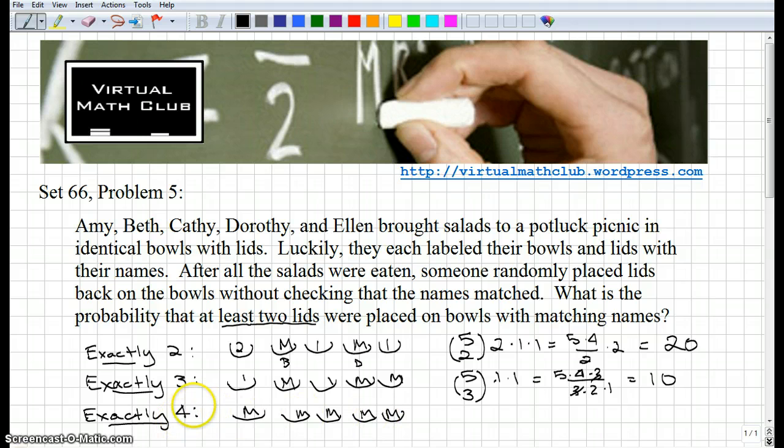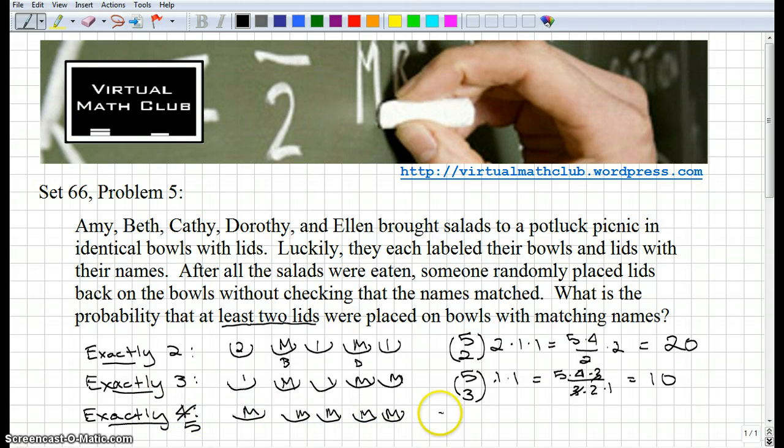So we don't really have a case where we have exactly 4 match. We can only have exactly 5. Because once 4 of them match, the last lid has to go on the last bowl, and it's automatically going to match. So there is no exactly 4.